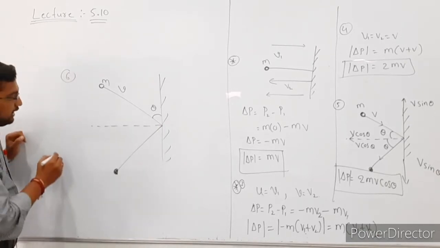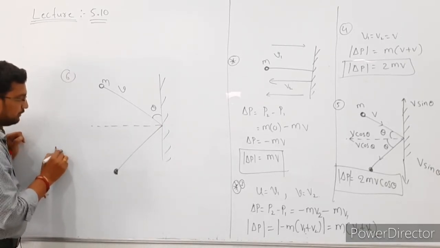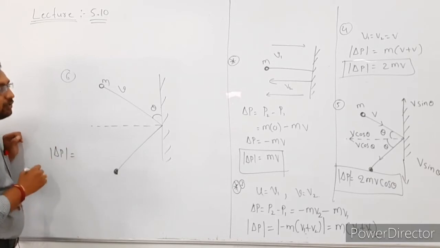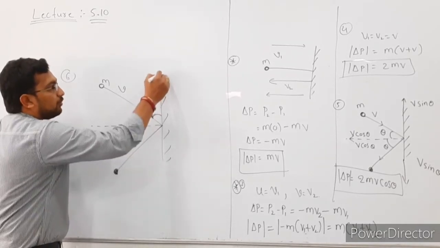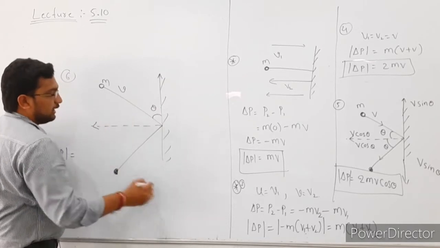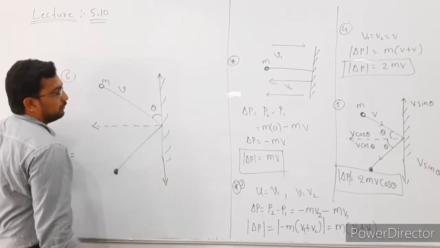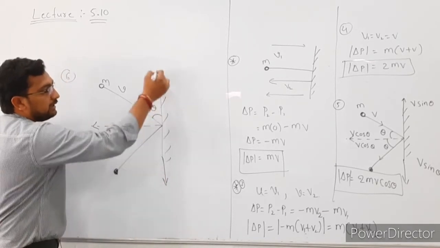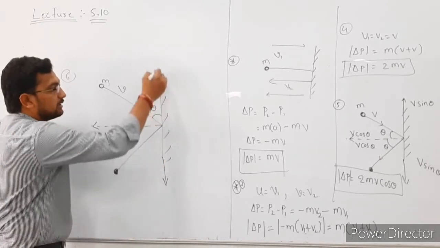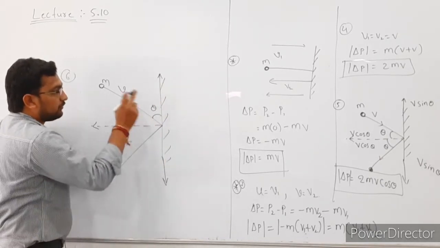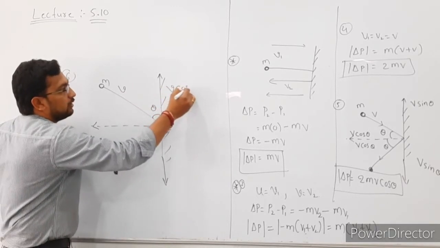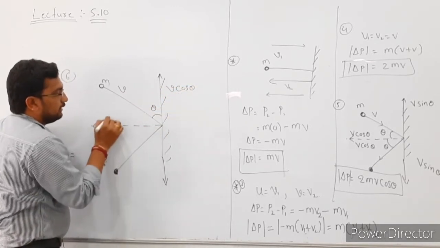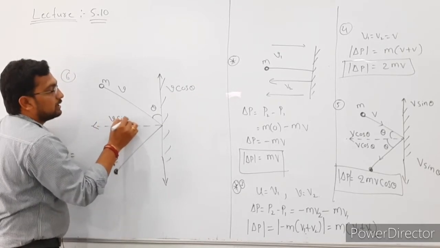So the magnitude of change in momentum is equal to, okay, here the velocity can be resolved into two components, one horizontal and one vertical. It makes an angle theta with respect to this one, so the horizontal component of velocity is v cos theta, and this becomes v sin theta.